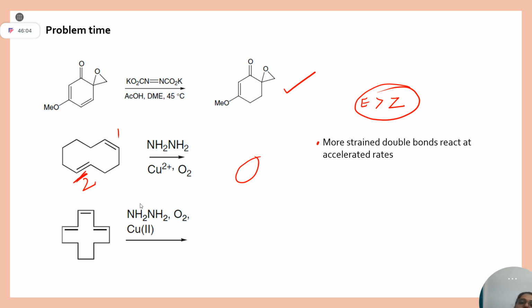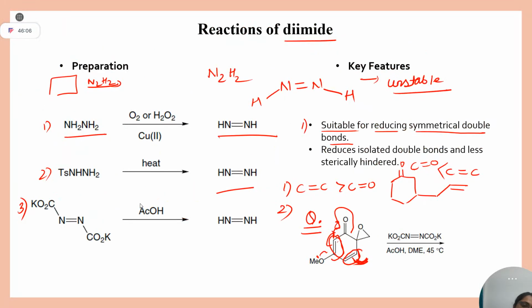Okay, and for preparation of that, you should know all three procedures. If I recall for you, one is hydrazine hydrate in presence of any oxidizing agent. You know O2 is an oxidizing agent, H2O2, copper in second oxidation state. The second method is heating tosyl NH2. Okay, tosyl H will be removed, and you can get diamide.